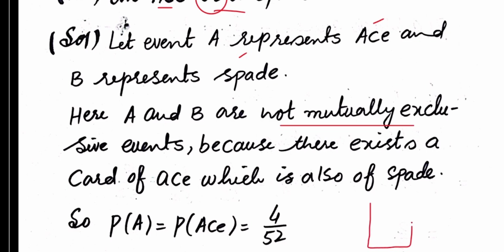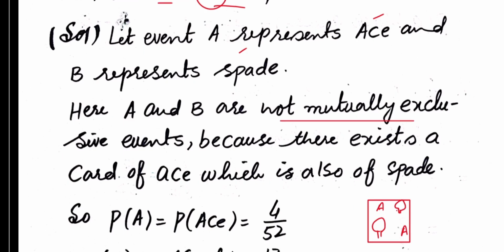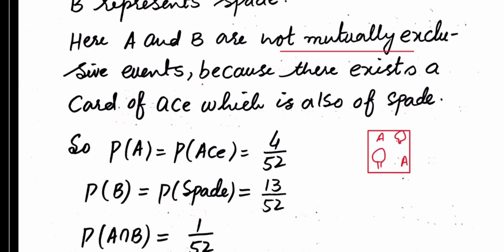In a deck of playing cards, you can see there exists a card which is a card of ace, and it is also a card of spade. So it means intersection is possible.